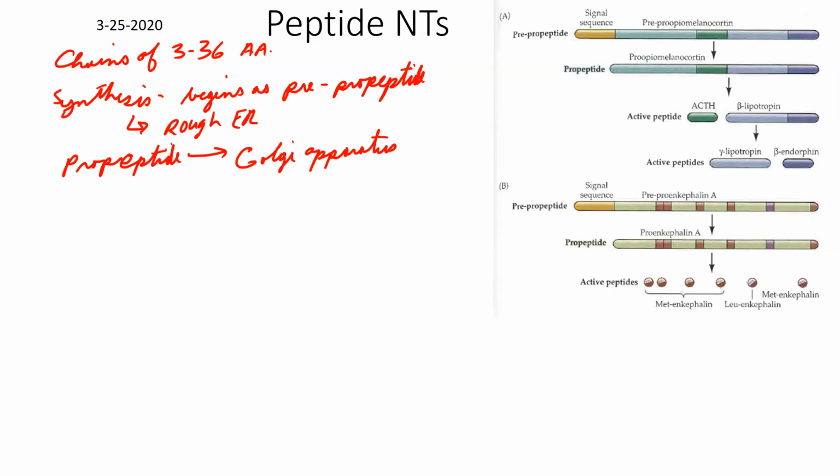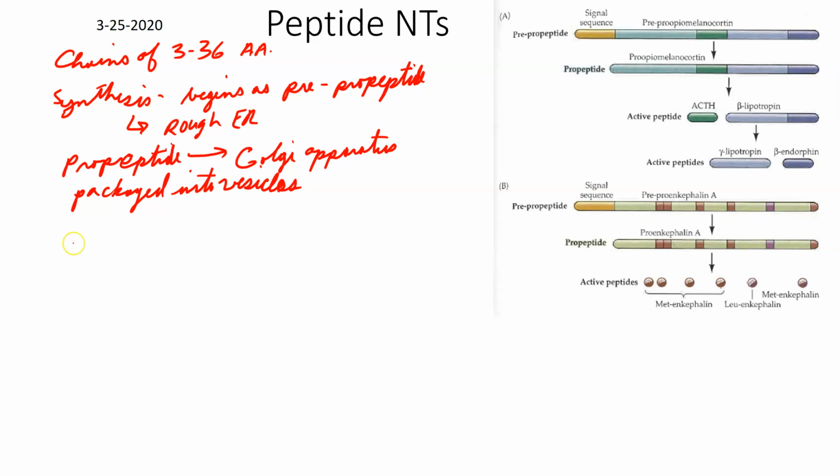On the trans face of the Golgi apparatus, that's sort of the shipping face of the Golgi apparatus, the propeptide is packaged into vesicles. And after packaging, there's further cleavage, modification of ends, etc. So this is where propeptides are then converted to the active peptides that we're going to know today.